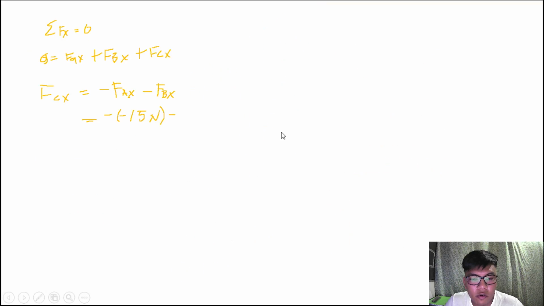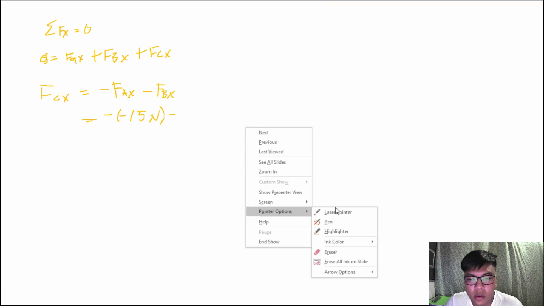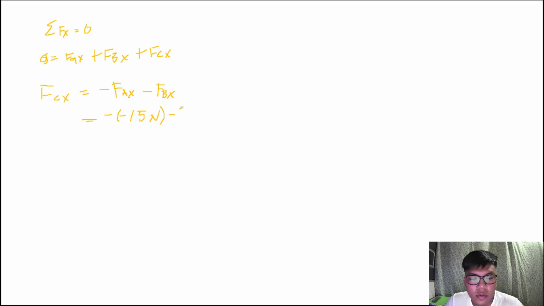So we have 34.64. So minus 34.64. Hindi na natin binago dahil positive yung ating F sub BX. So we have positive 15 minus 34.64. We have 19.64 Newton. Ibig sabihin, yung F sub CX is going to the left, no? Okay, so nasolve na natin.